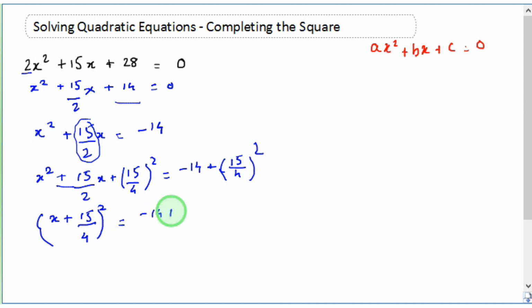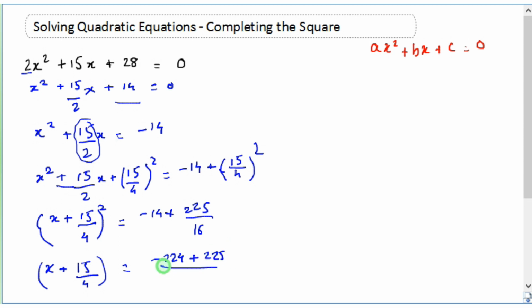That should give us negative 14 plus 225 upon 16, or we can say that x plus 15 over 4 whole square gives us negative 14 times 16, which will give us negative 224, plus 225 over 16, or 1 upon 16. Sorry, I forgot the square here.